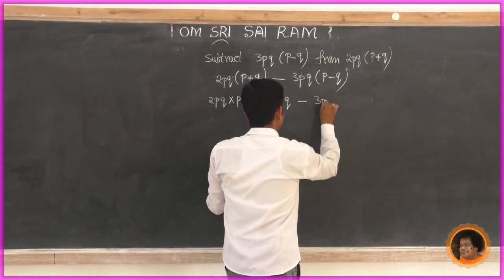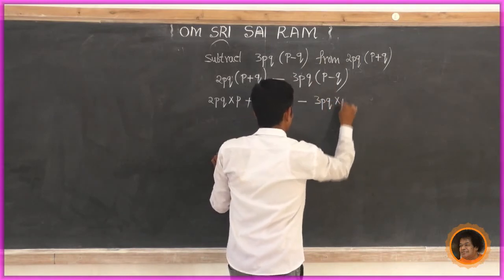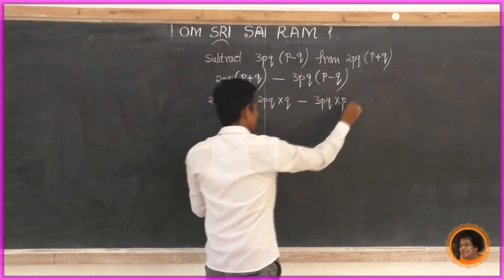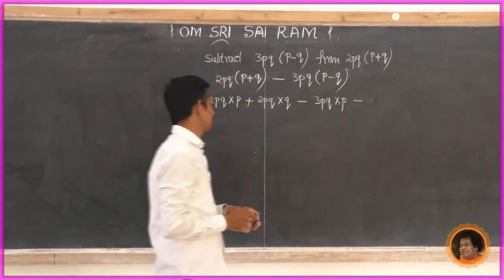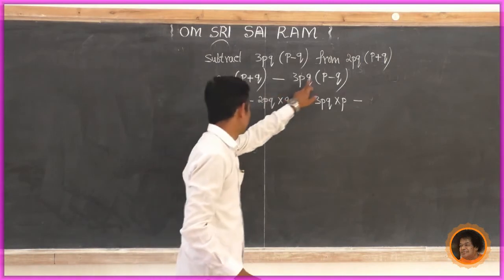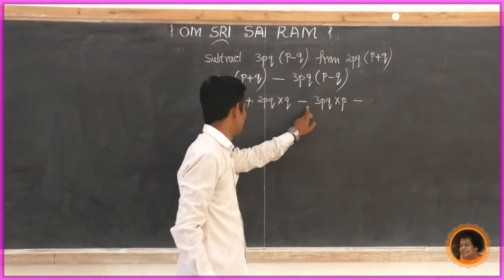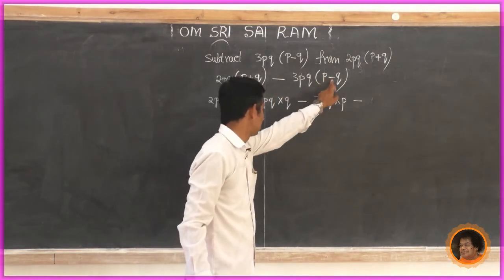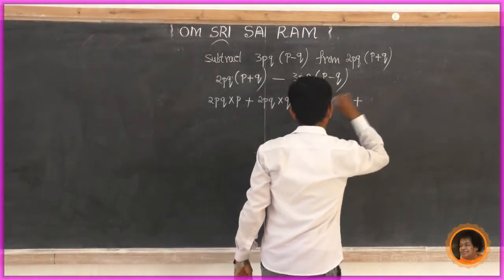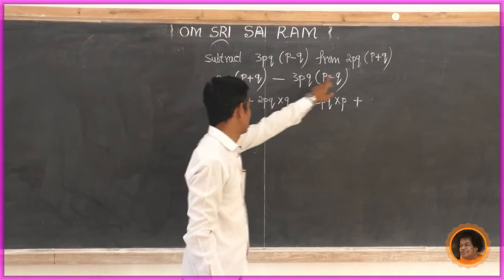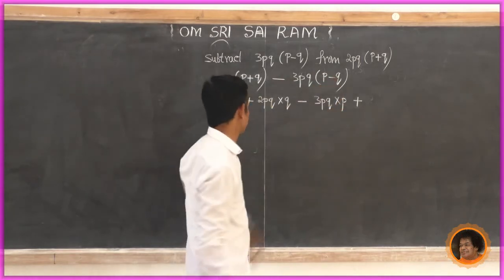We get 3pq into p, minus this 3pq. But be careful. Minus into plus, so it is minus. Now minus into minus becomes plus. Why? Minus into minus becomes plus.